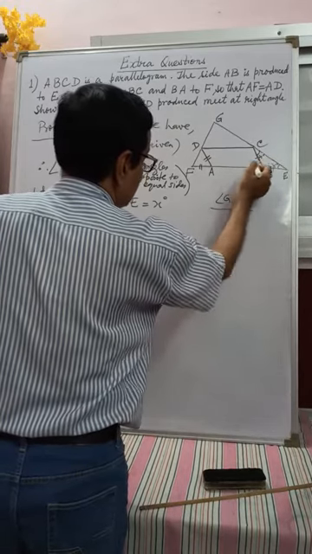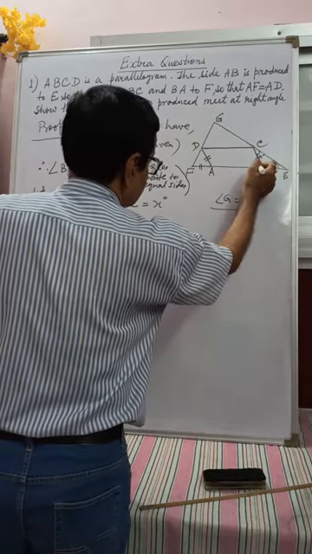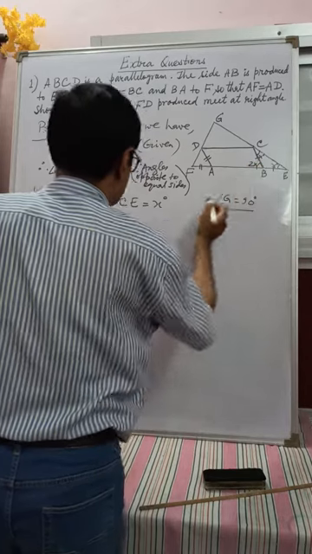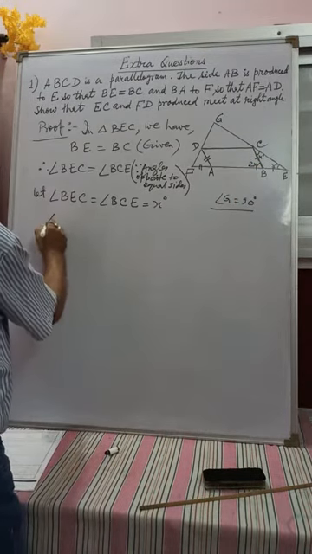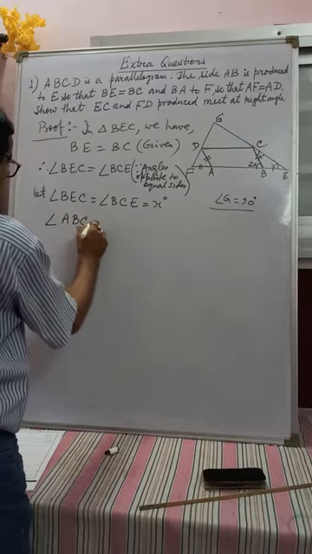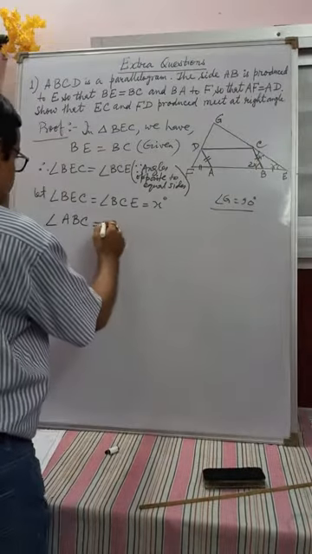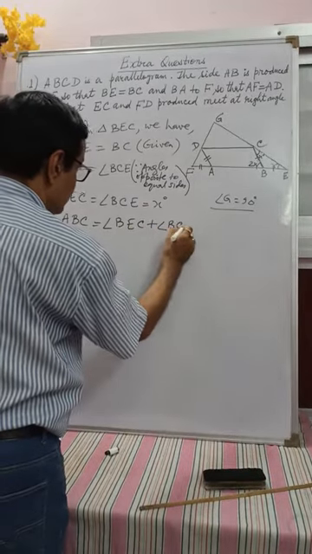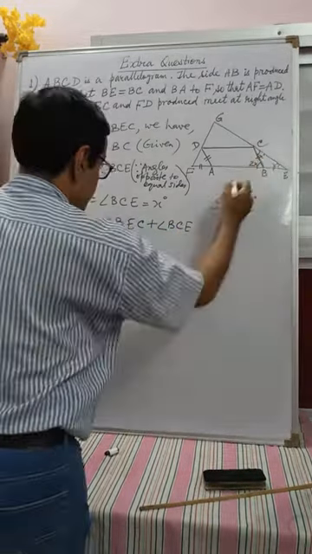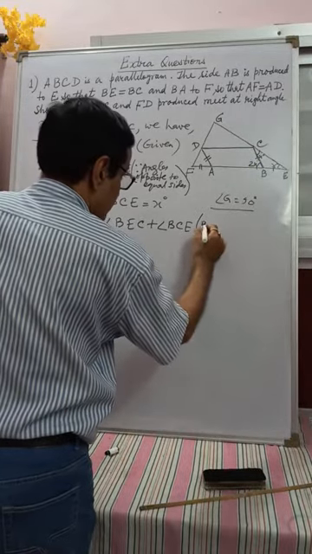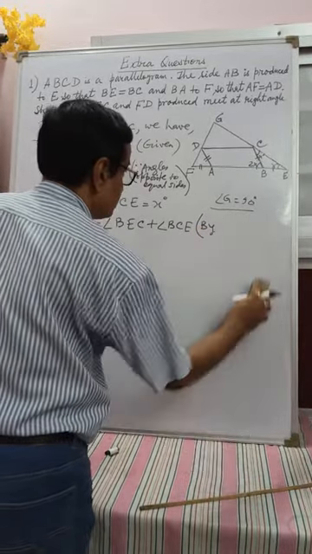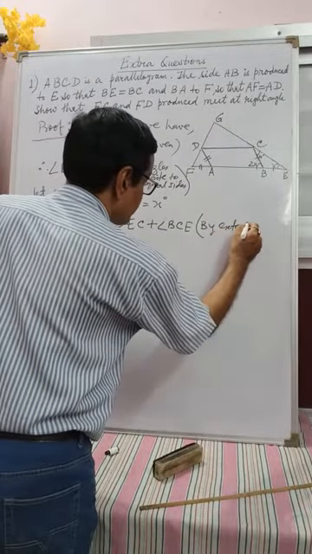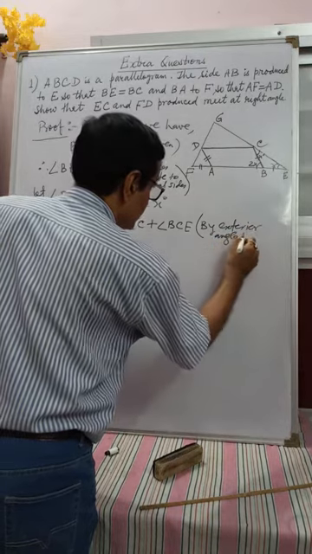And this angle ABC is the exterior angle of this triangle, so this will be 2x degrees. Directly we can write angle ABC, which is the exterior angle of this triangle, is equal to angle BEC plus angle BCE by the exterior angle theorem.